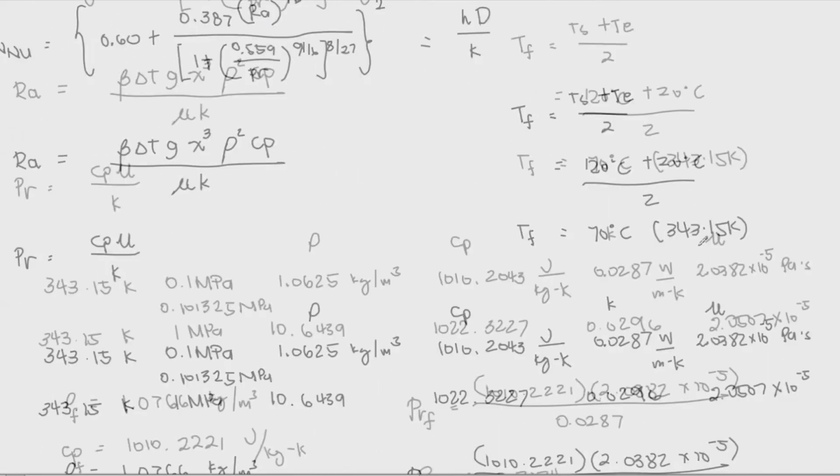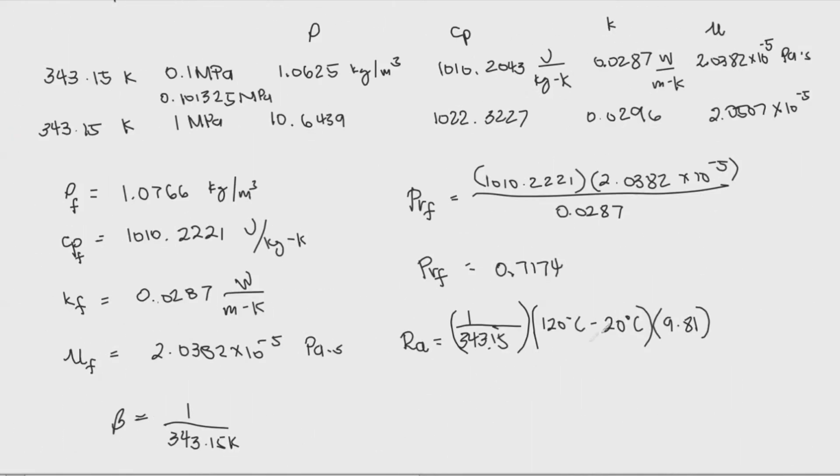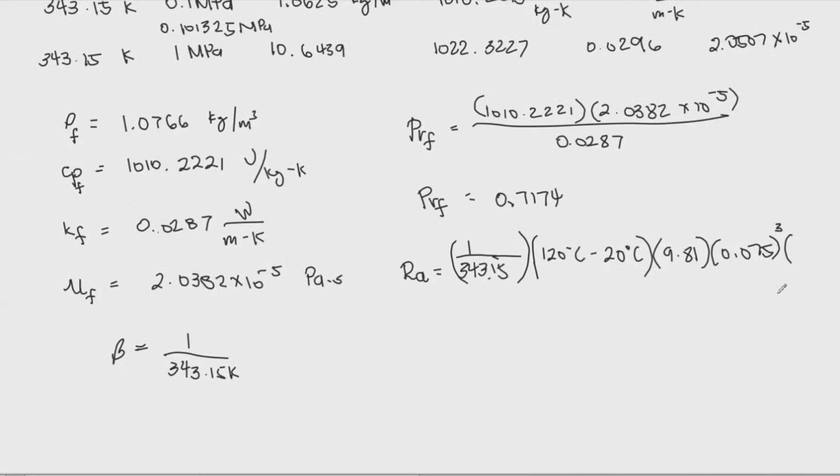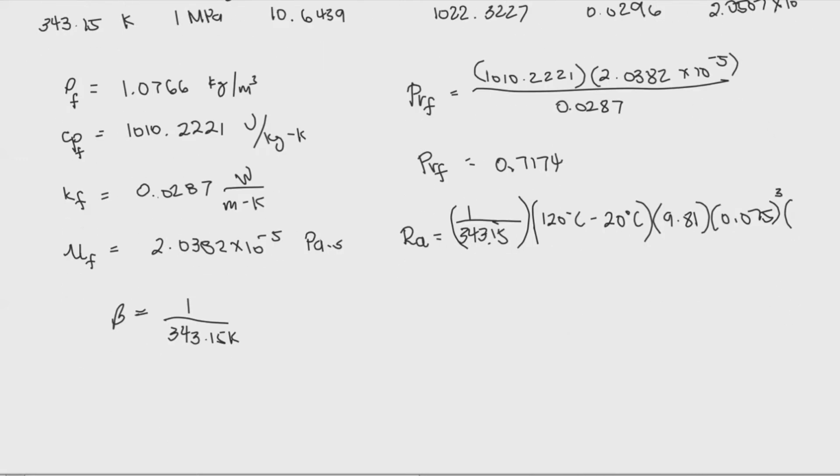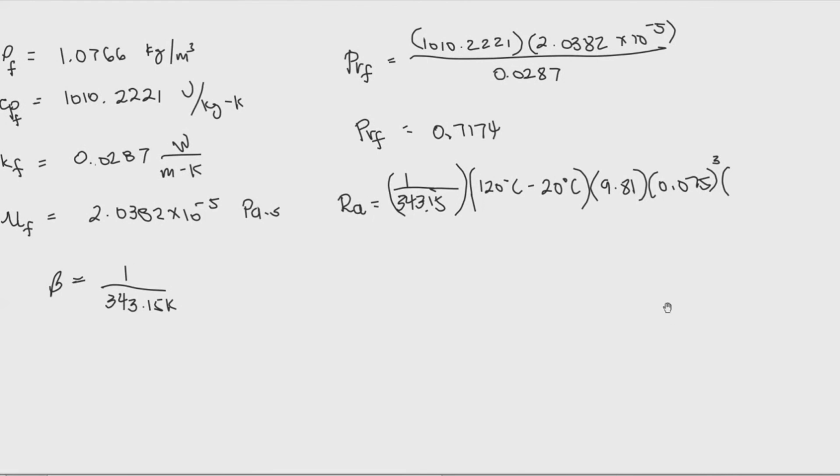We can already convert this to meters, that's 0.075, and then that's cubed. And then we also have density squared. So if we square the density, that's 1.0766 squared. And the last one for the numerator would be our Cp.